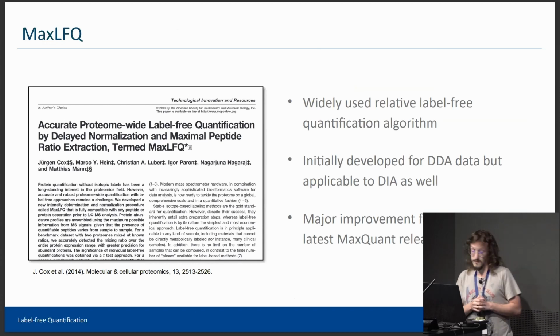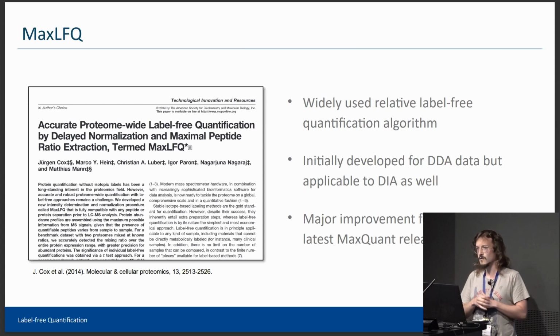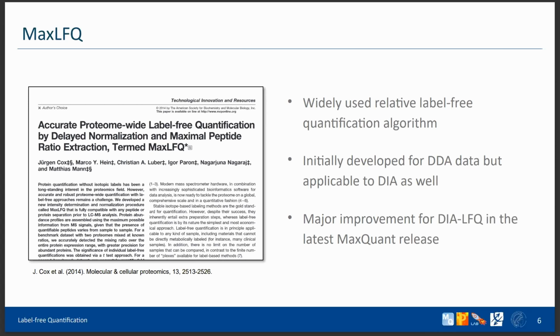It was initially developed for DDA, but three years ago, was also improved for DIA. And also tomorrow in the DIA section, Jürgen will show you a major improvement that's been done in the MaxLFQ algorithm for DIA specifically. So hopefully now MaxLFQ works very well also for DIA data.